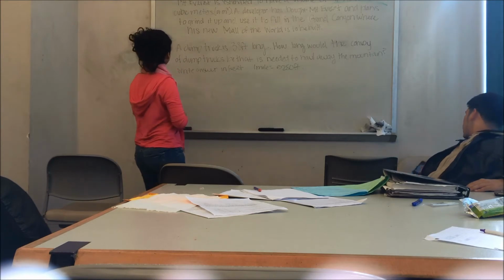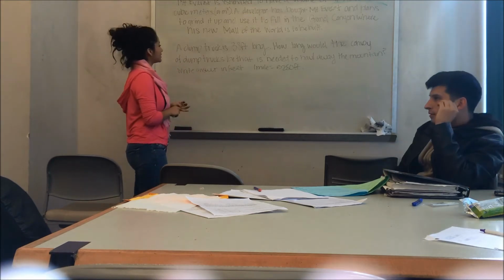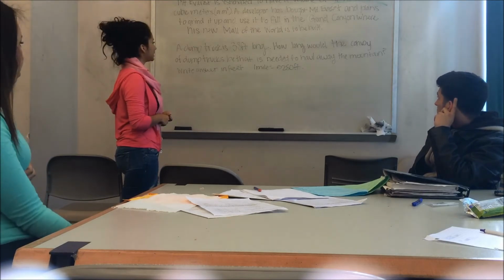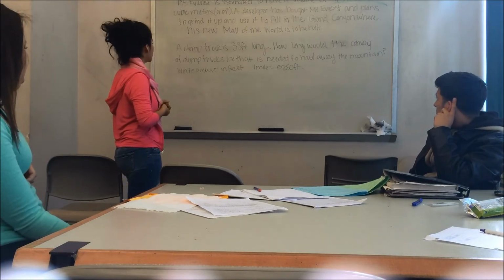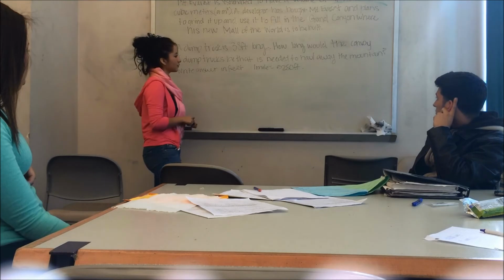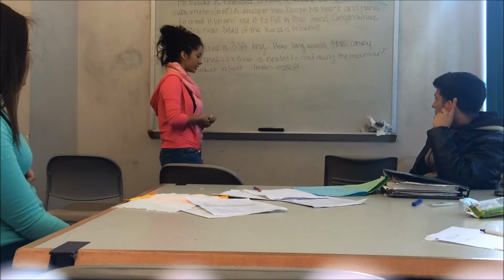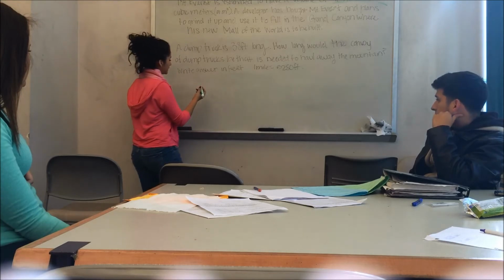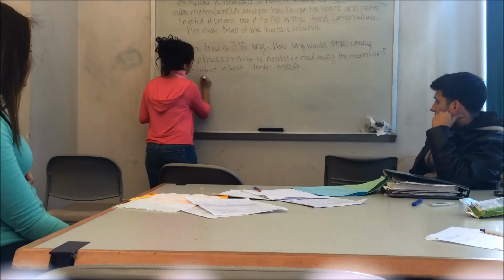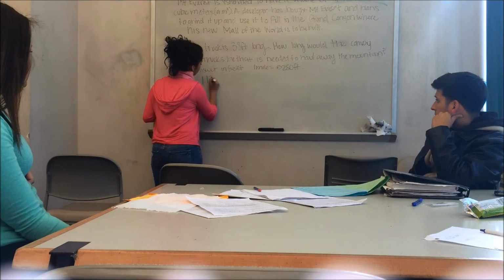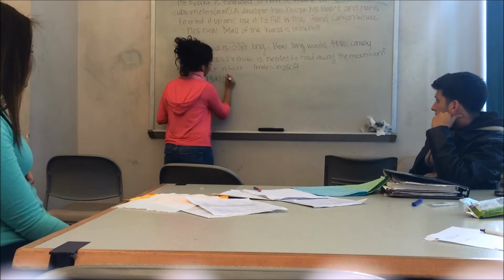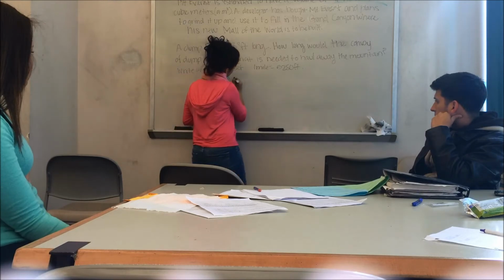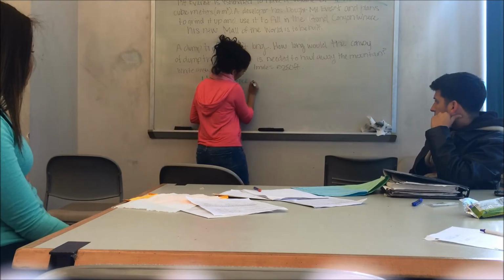Okay, so the question says, suppose a dump truck is 38 feet long. How long would the convoy of dump trucks be that is needed to haul away the mountain? Write the answer in feet using 1 mile equals 5,280 feet. So bringing back the answer that I got before, I got 1.13 times 10 to the 8th trucks.